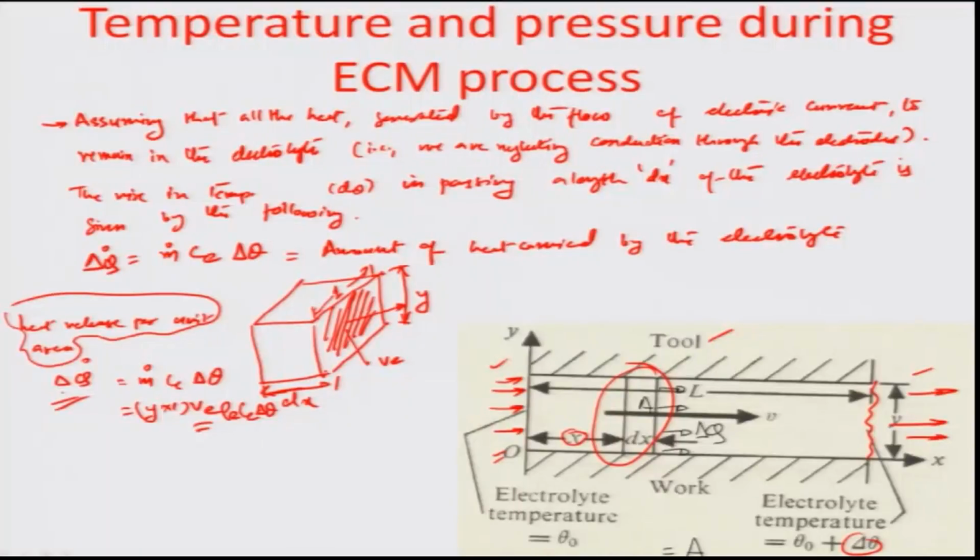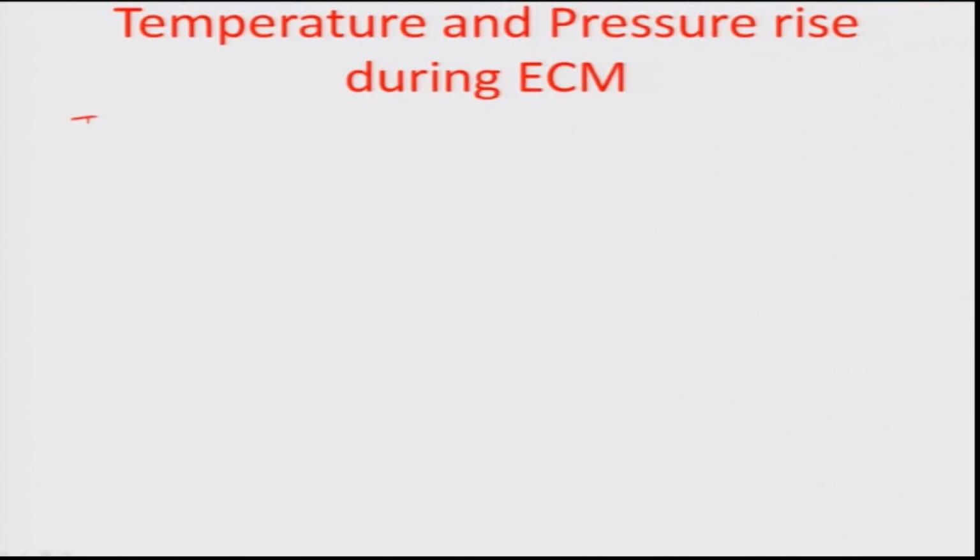So, let us now keep this as such, the total amount of heat rate that the electrolyte is carrying, represented in equation 1, and let us now try to find out the electrical power due to the I square R, or you can call it joule heating, dissipated per unit area.